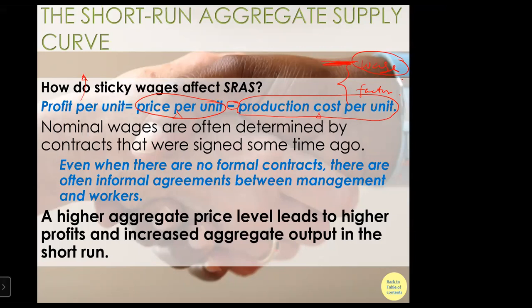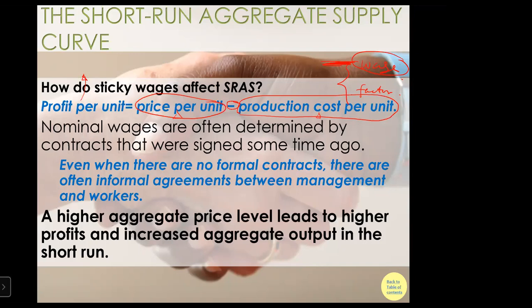So the higher profit per unit due to higher aggregate price is going to induce the business to expand, either by hiring more or to produce more, either way. So in the aggregate, if everyone does the same thing, that means high aggregate price leads to increased aggregate output. Again, this is in the short run.